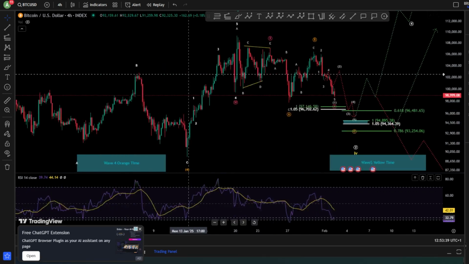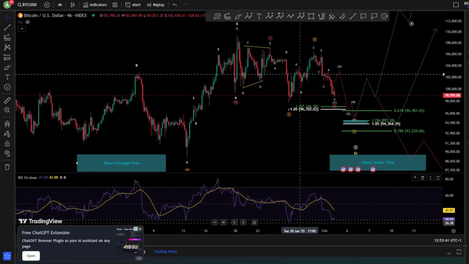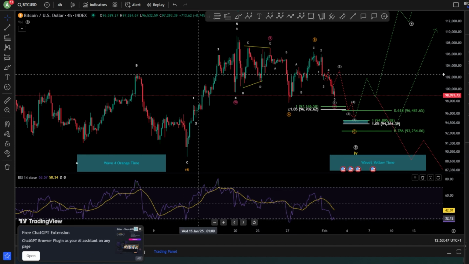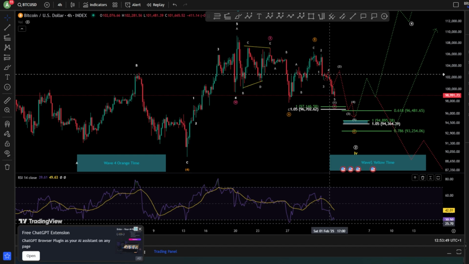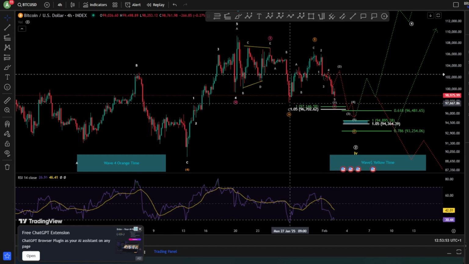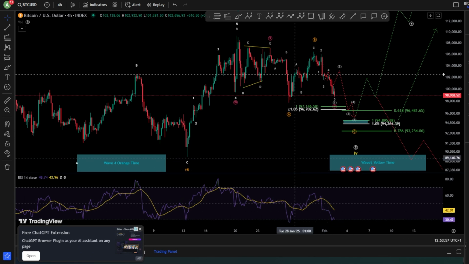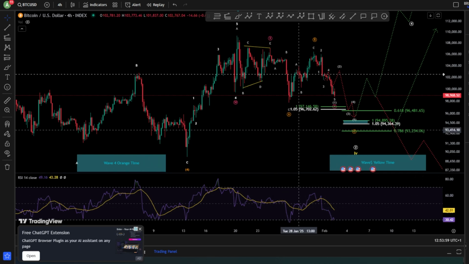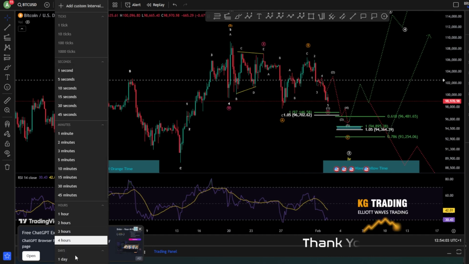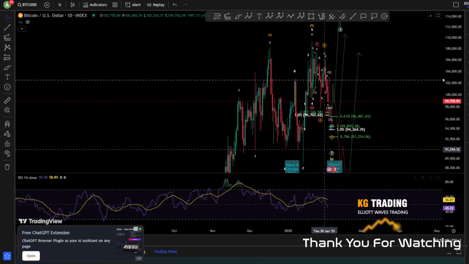And if we take a look here as well, you will see that this was already given here as a divergence. Now, if we move lower and take the low, it might turn into a bigger exhaustion of sellers and move to the upside. We're going to see how this unfolds on the daily chart.